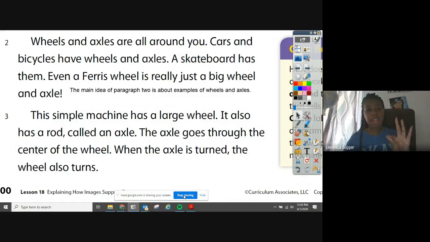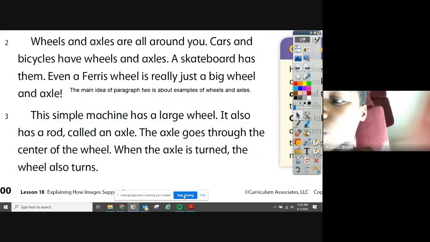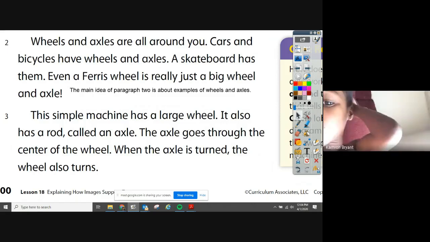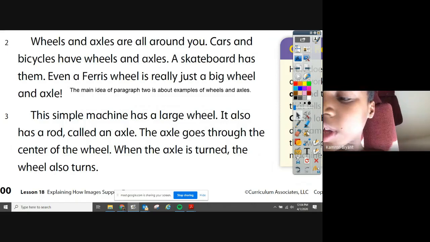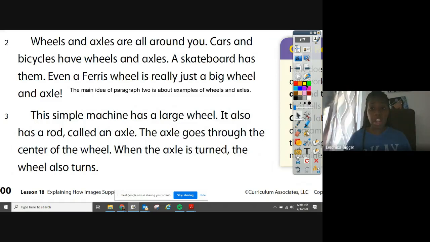Where is something happening? All right. So our answer is where is in right here. It says the axle goes through the center. The center tells me where something is. Going through the center.